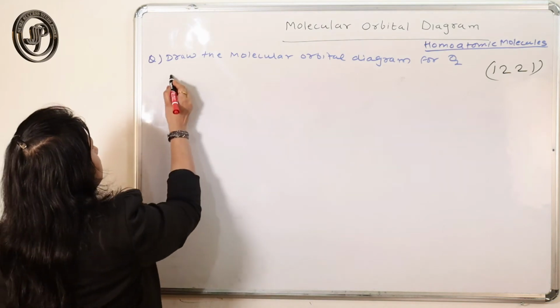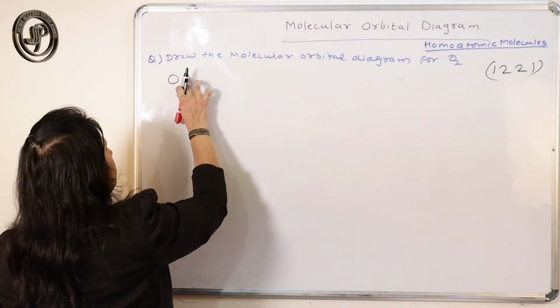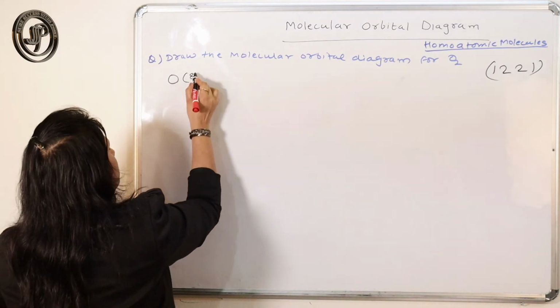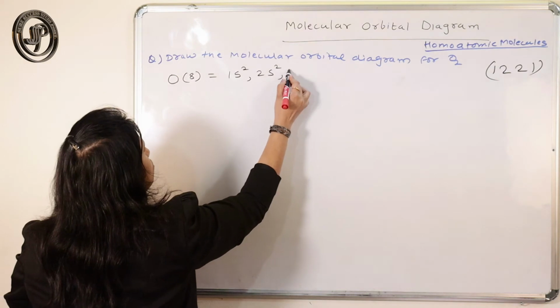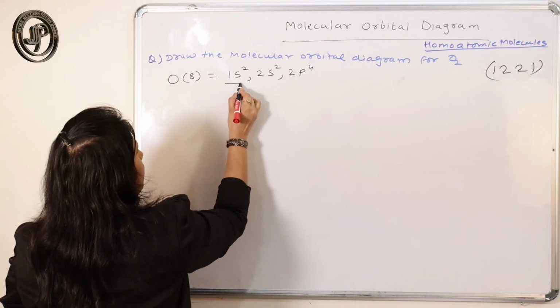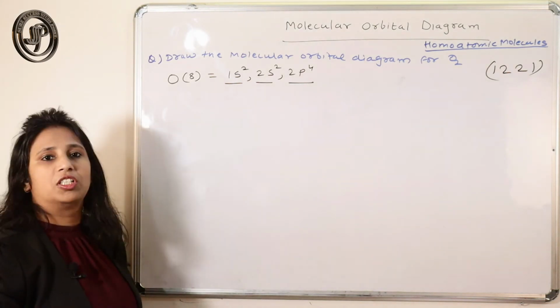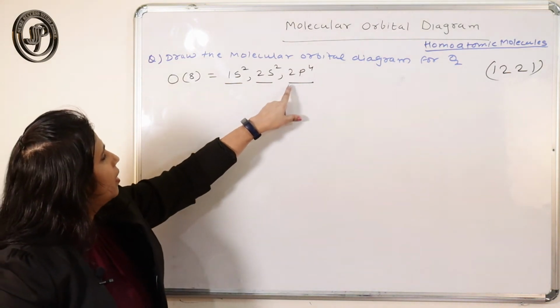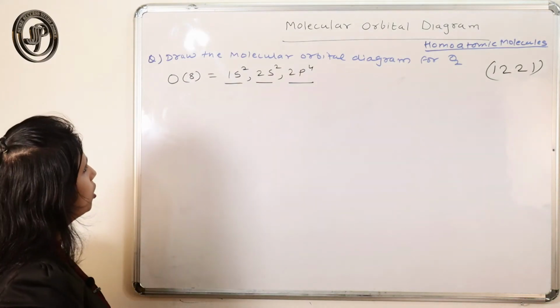For oxygen, if I write the atomic configuration, the atomic number is 8, so it is 1s2, 2s2, 2p4. Now I need to draw the molecular orbital diagram for the valence shell electrons only, so for 2s and 2p.